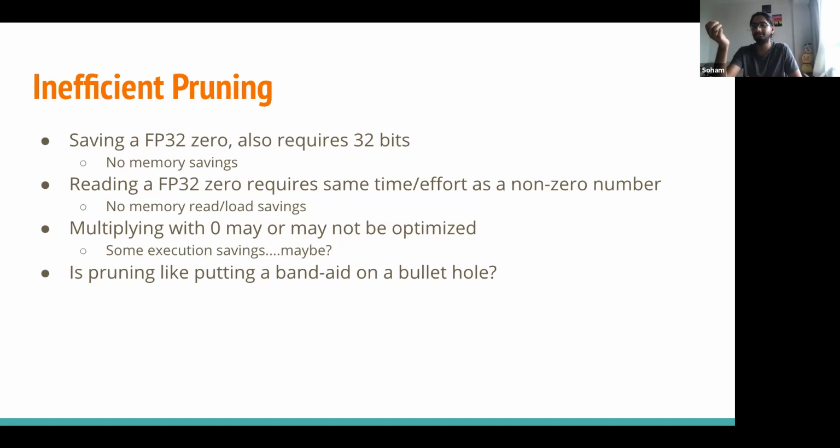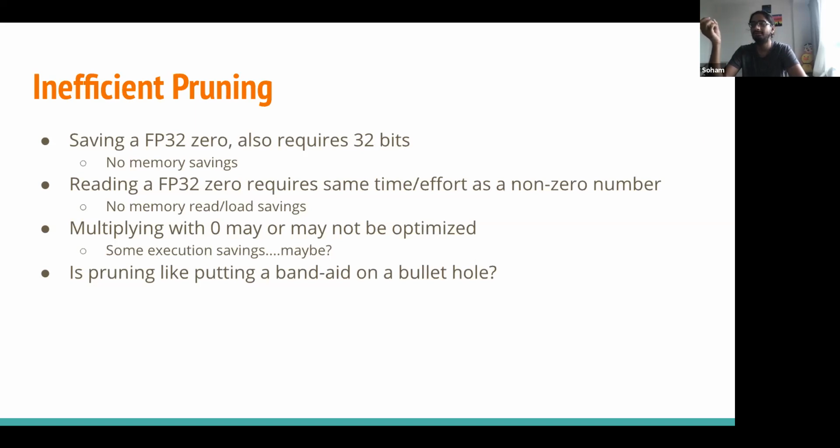I was doing some research trying to find out if there's any hardware that's optimized for multiplying with 0, and I couldn't find any. A lot of times you don't even know if the hardware that you're using, for instance Intel CPUs, is optimized for 0 multiplication. I couldn't actually find it, which is really weird, because Intel CPUs are so common.